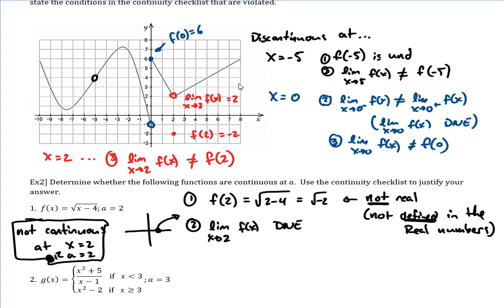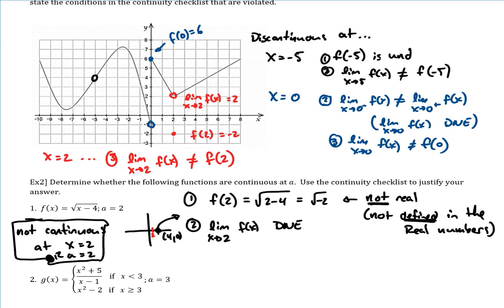If you wanted to, you could plug it into a calculator. I'm just going to save a little time. So this is what this one looks like, and that point, I didn't label it, is 4, 0. And so 2 is over here somewhere, but there's no graph for it. From the left or from the right, there's nothing. So that's why this is a does not exist.